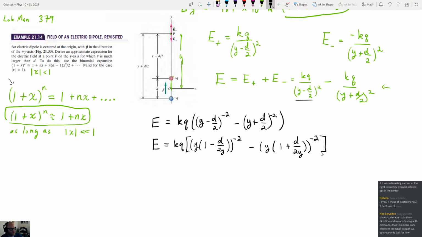Okay, I'll stop for a moment and let people catch up. Let me know if you have any questions. Next thing we can do is say that we have y to the negative 2 in both of these terms, so we can pull that out to the front.